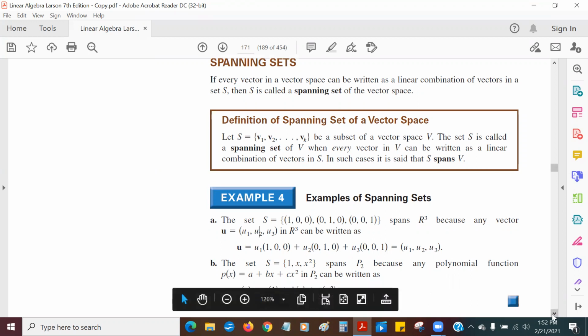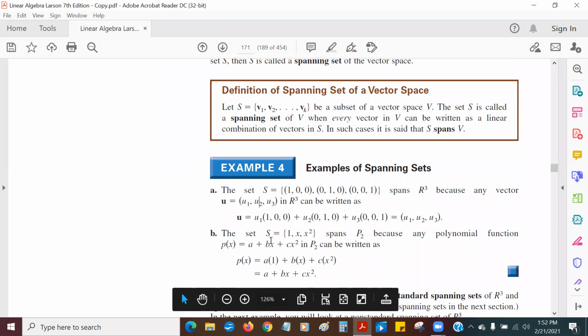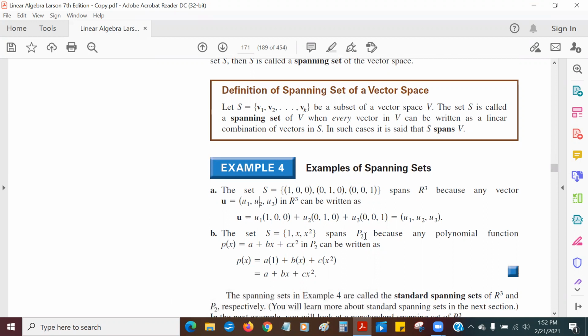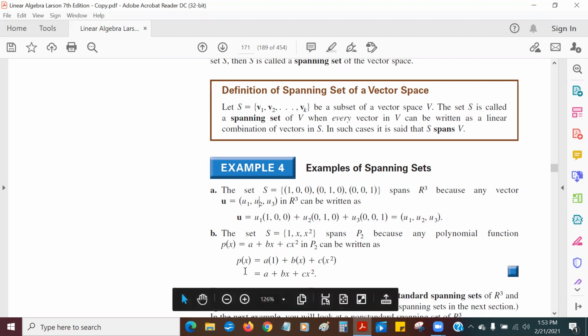And similarly, if we have P2, which is all the second degree polynomials, and we look at the set 1, x, x squared, that's also going to span, because if I have a second degree polynomial, a plus bx plus cx squared, I could write this as a times 1, b times x, c times x squared.